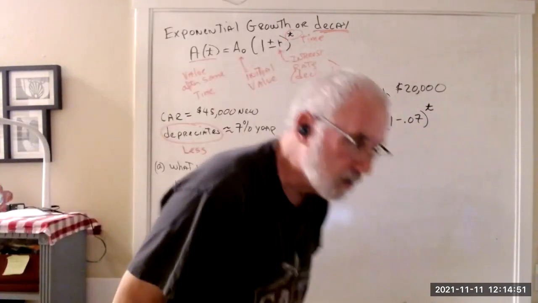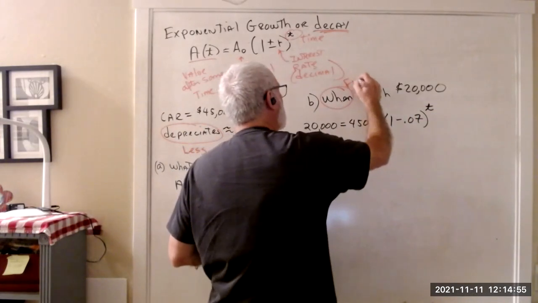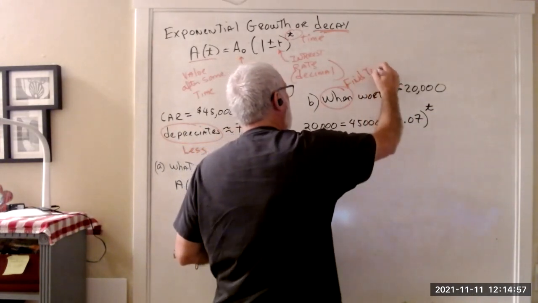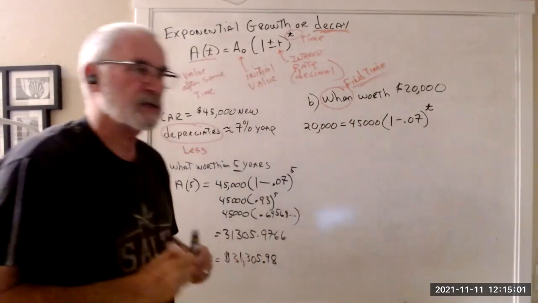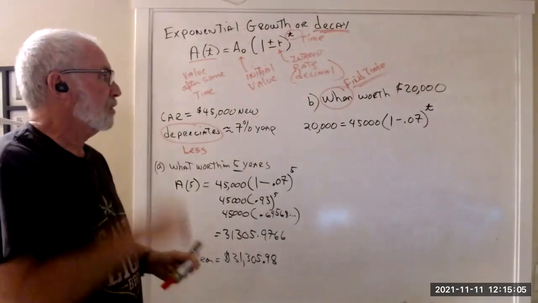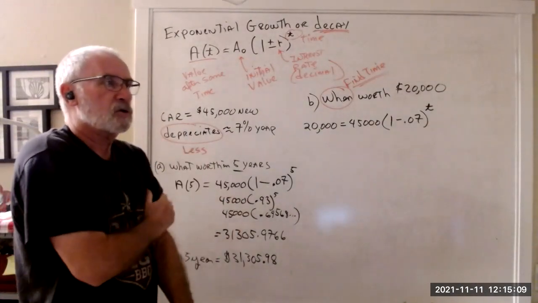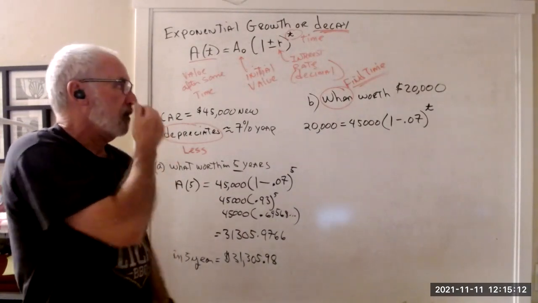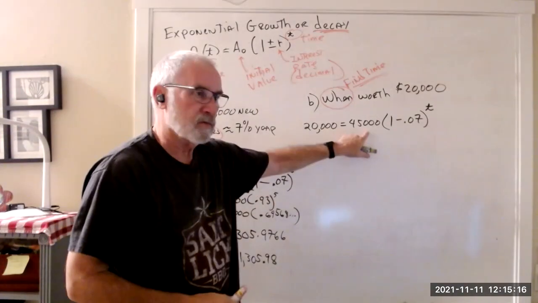Because when, okay, when means find time. When implies we're calculating for time. All right, this is much more chapter 10 stuff. First thing we're going to do is divide both sides by 45,000.